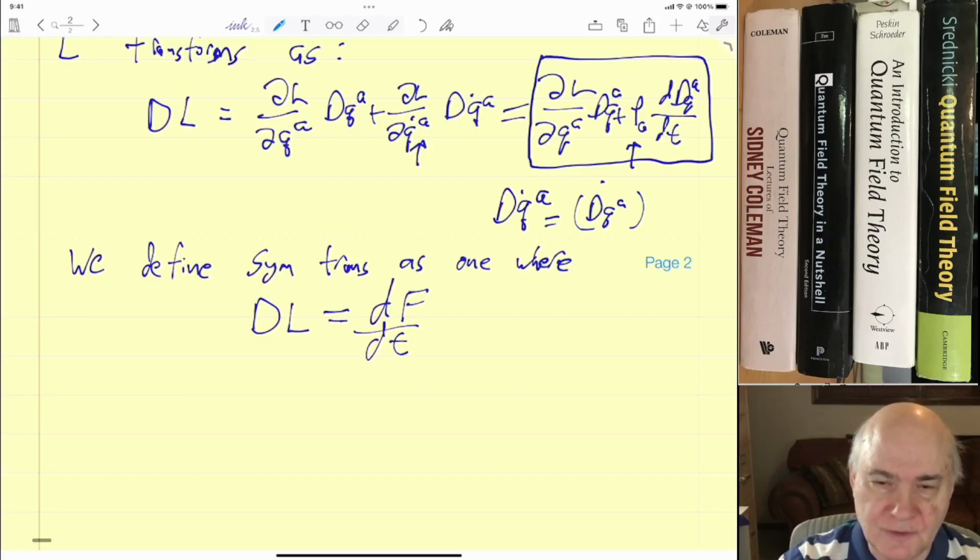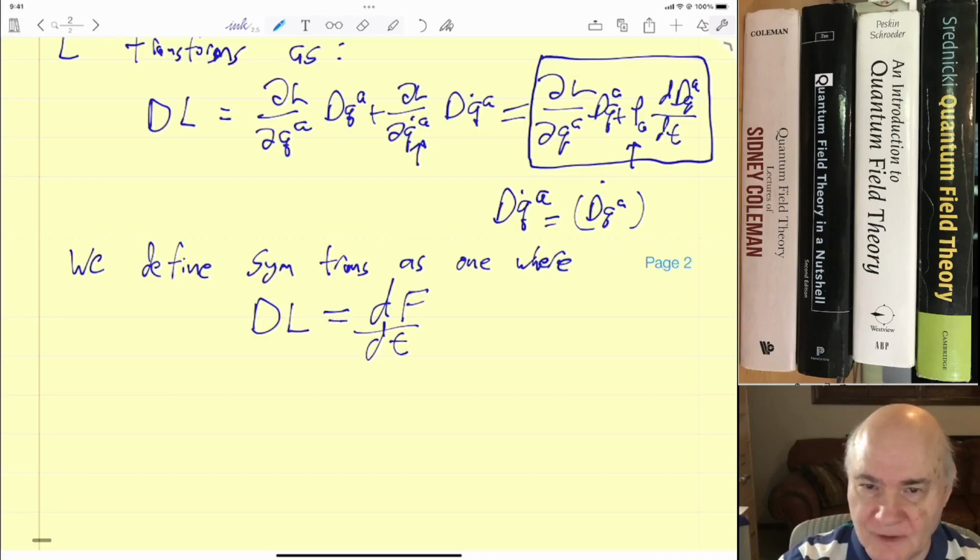So, for instance, let's say we have a Lagrangian that's translation invariant. Whenever we make a translation, the Lagrangian won't change, even for things that aren't solutions of the equations of motion. If we just translate them, for the same reason they didn't satisfy the equations of motion before, they won't satisfy it after.